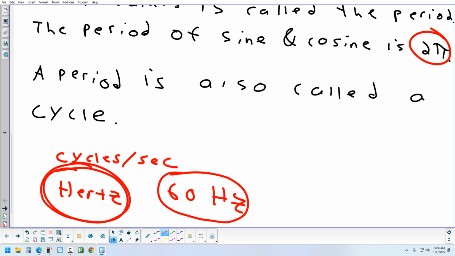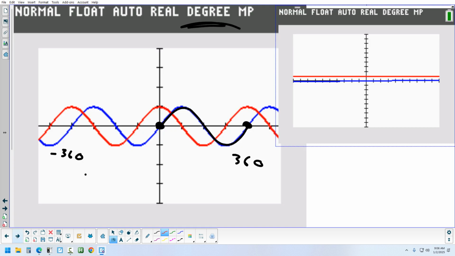Motors wouldn't run right. Sometimes you can even hear it. If you're used to what your furnace sounds like when it's running normally, and you run it on a generator, it might sound just a little bit different, because the generator is making electricity that's just a little bit off from what you normally have. But it's still okay enough to work. So yeah, there's a lot of different places that these measurements are used.